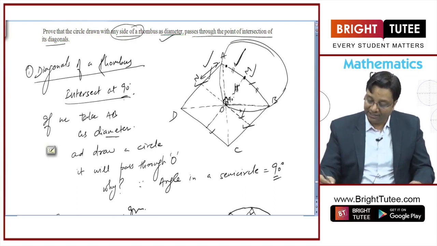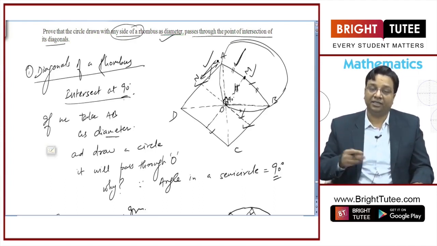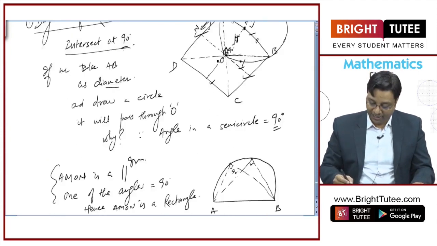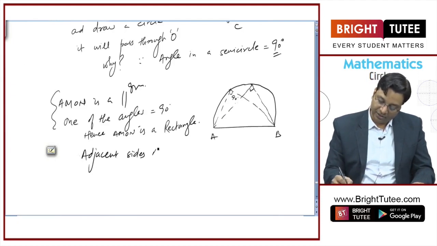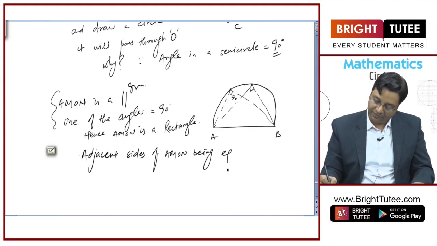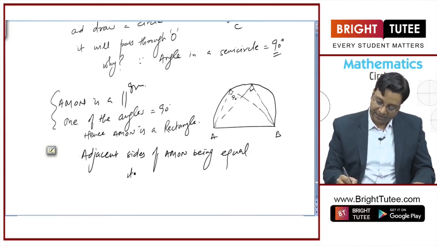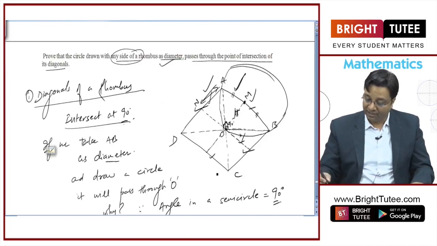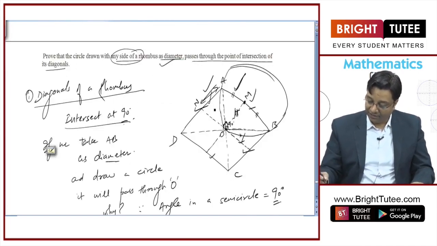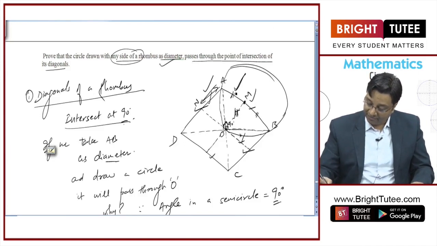So now if adjacent sides of a rectangle are equal, it is a square. So AMON, adjacent sides of AMON being equal, it is a square.